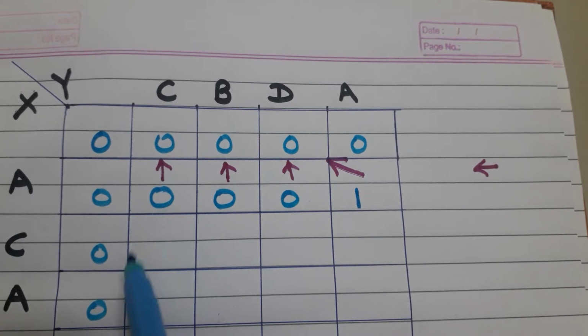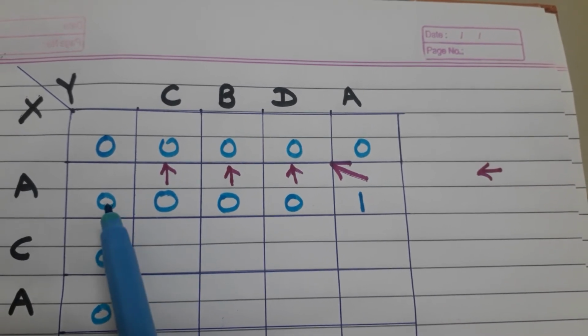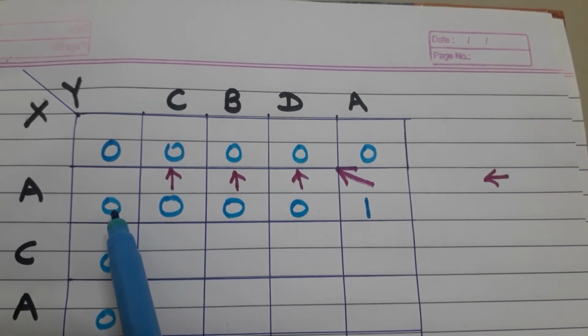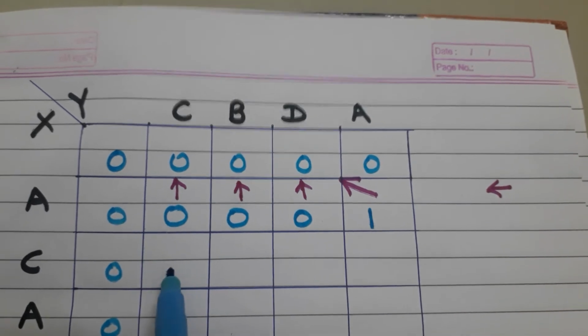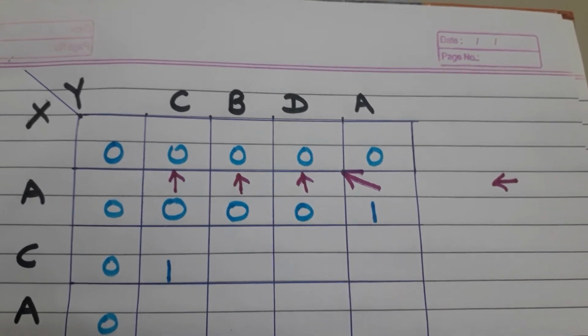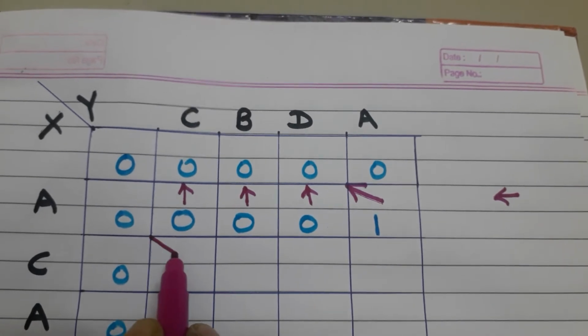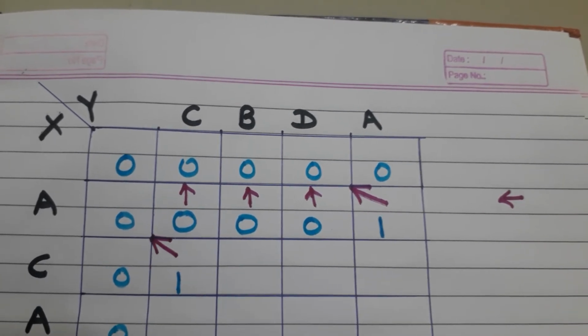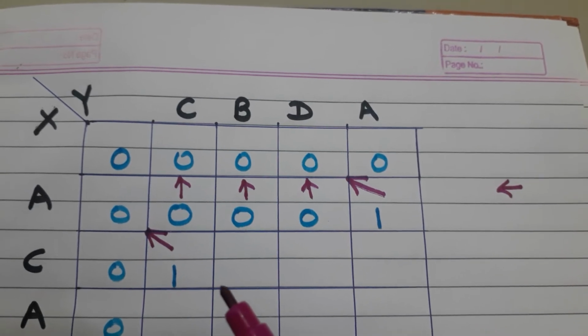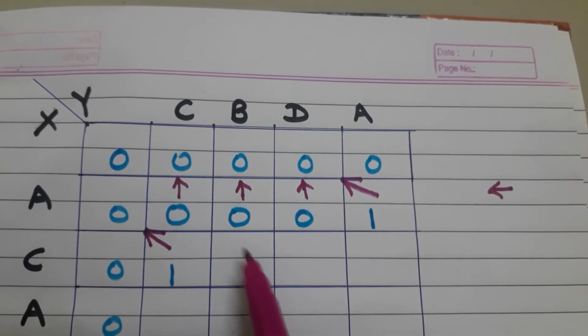To fill this cell, the diagonal cell is this one, so 0 plus 1 is 1. After writing in the cell, we have to point it by an arrow, like this.